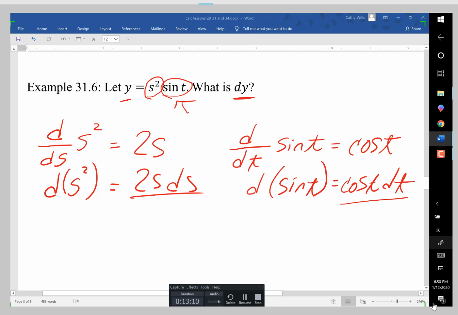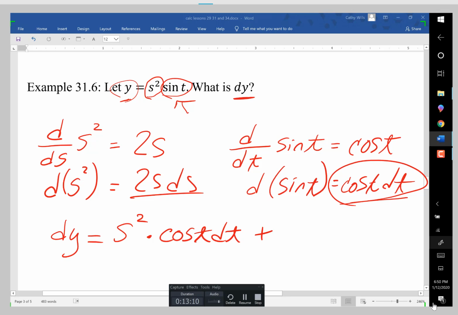That y is a product of those two functions. So now I'm going to find the differential of y, dy. That equals the first function, which is s squared, times the differential of the second function, cosine t dt, plus the second function, which is sine t, times the differential of the first function, which is 2s ds.